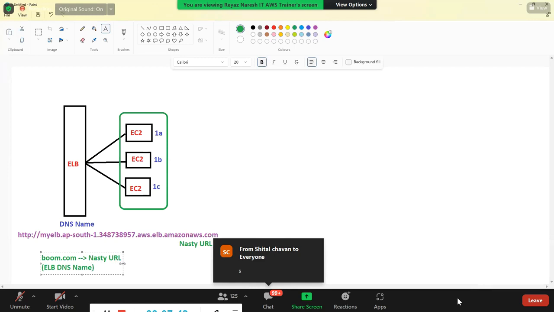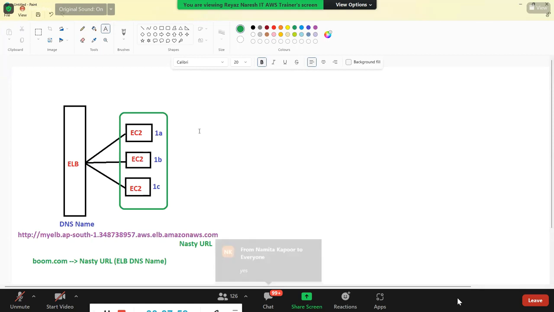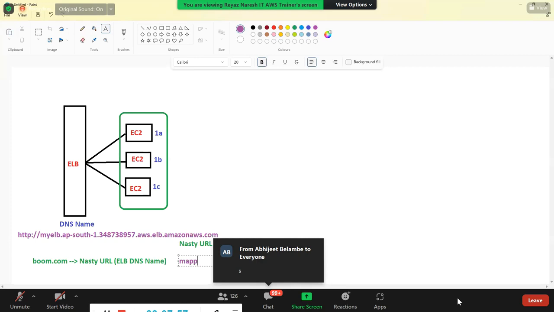Can we map like this? Is this called mapping or creating a record? Yes. So where do you do all these things in AWS?